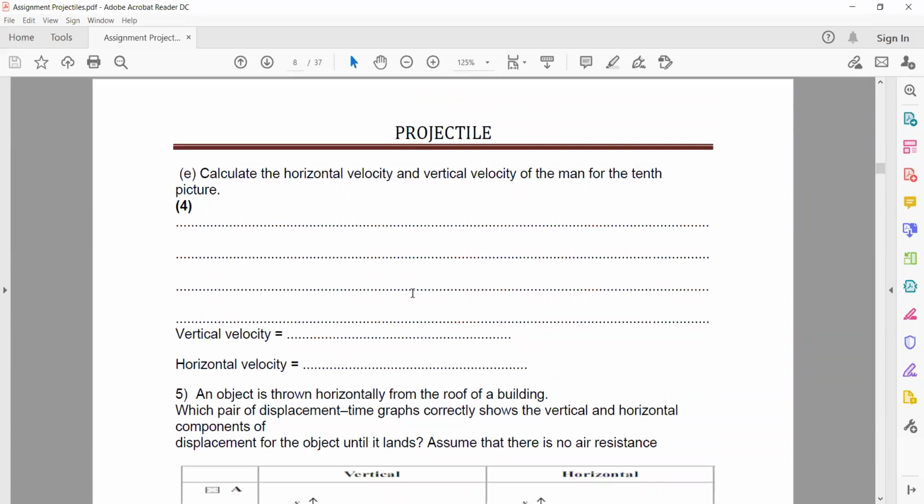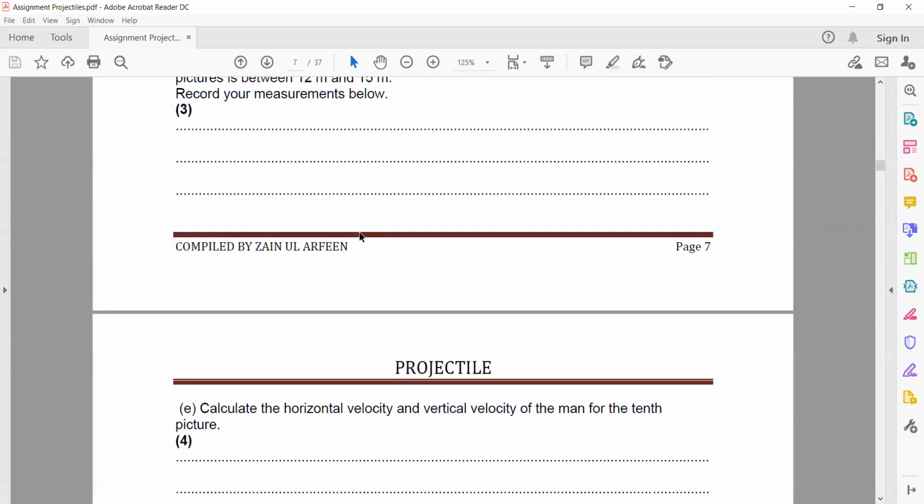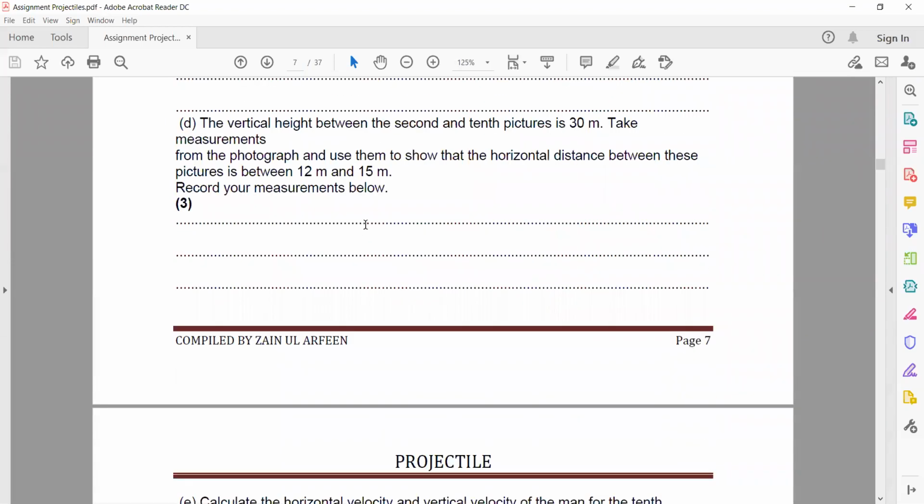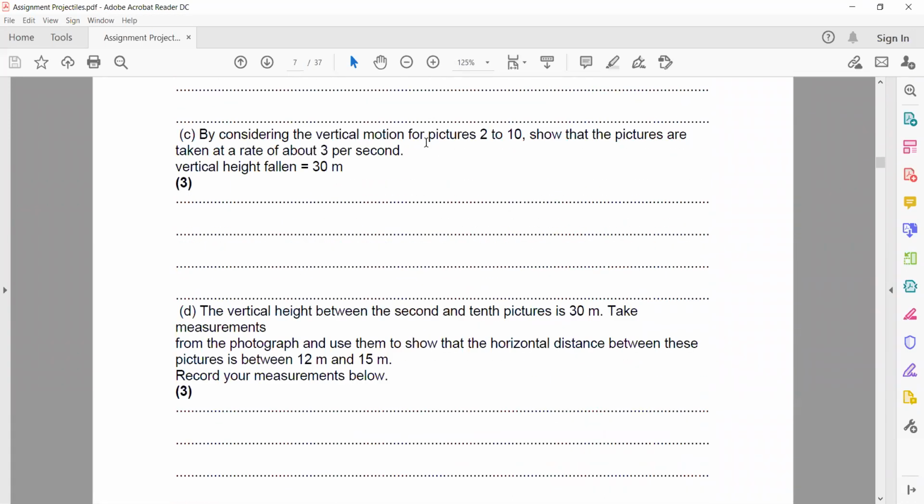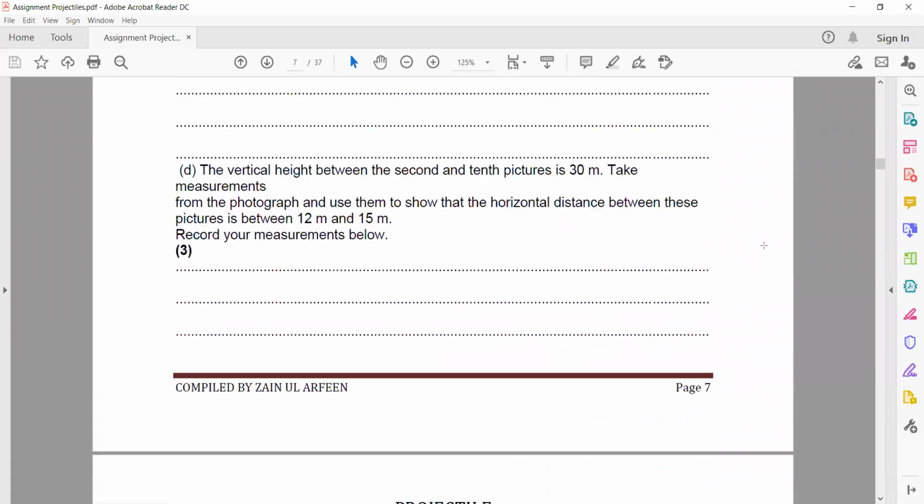Now calculate the horizontal and vertical velocity of the man for the 10th picture. Horizontal velocity does not change throughout the motion, and we already worked out that the man falls 30 meters and his horizontal distance is between 10 and 15. For example, I took 13 meters, and the fall was 30 meters.